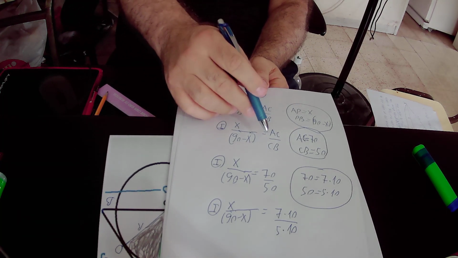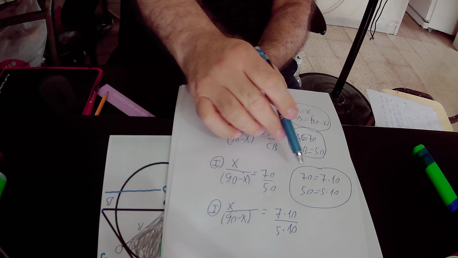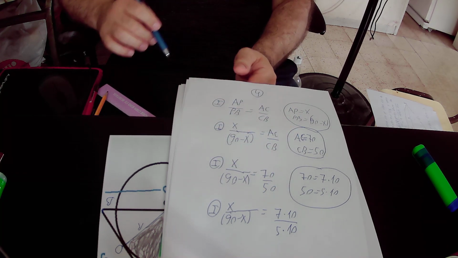Okay, substituted 70 by 7 times 10 and 50 by 5 times 10.